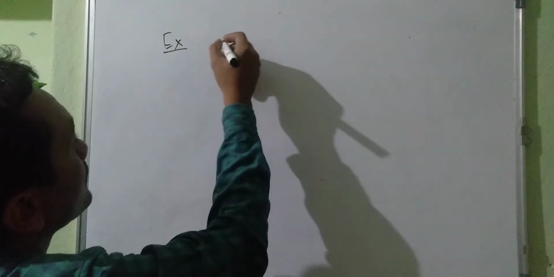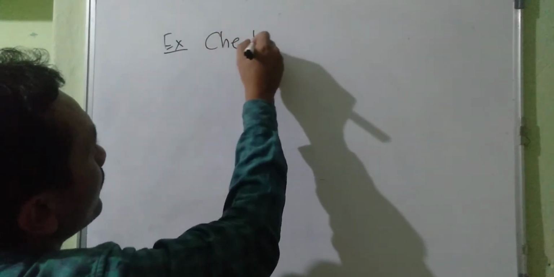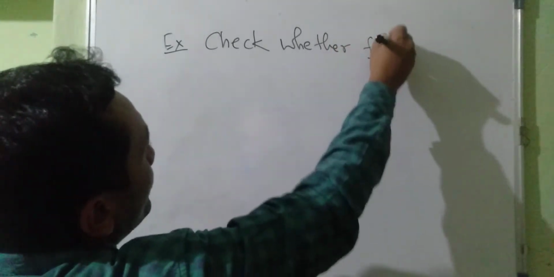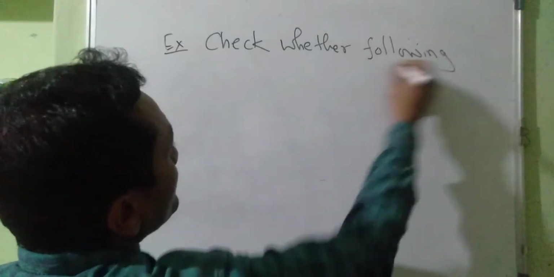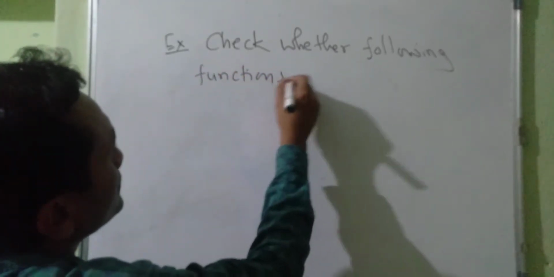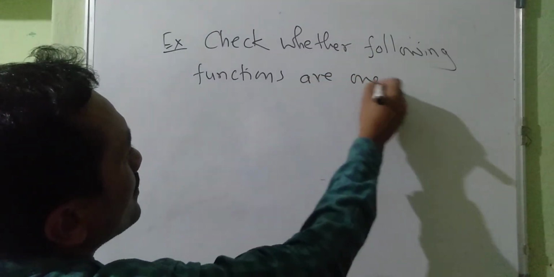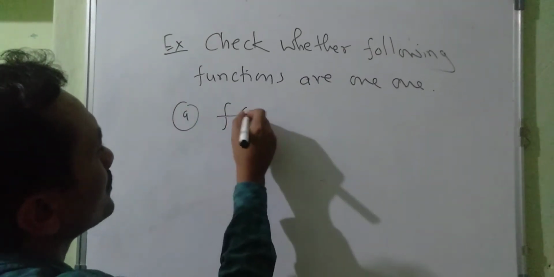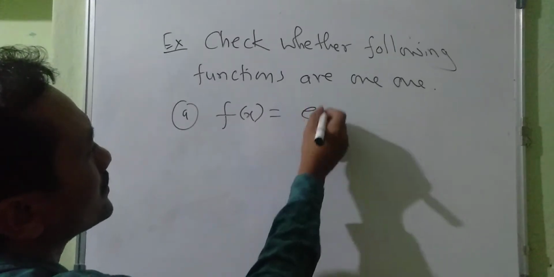One-one function, first example: check whether the following function is 1-1. So f of x equals, suppose we take, e raised to x.